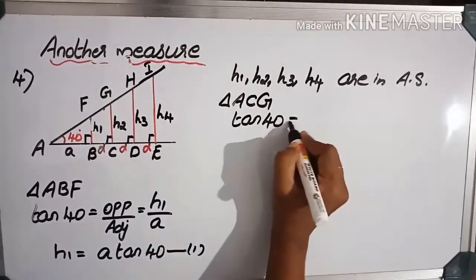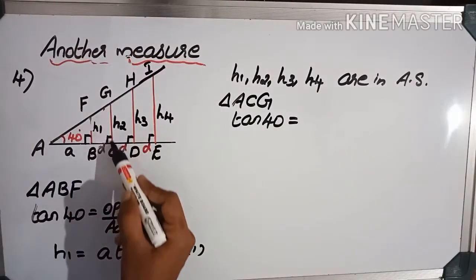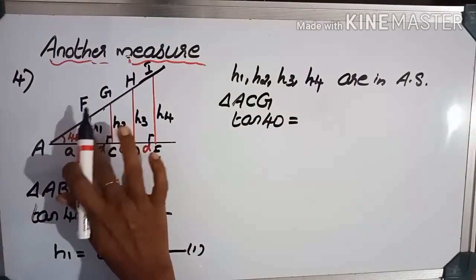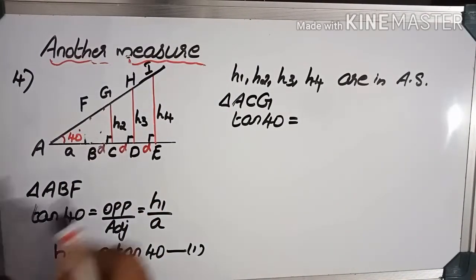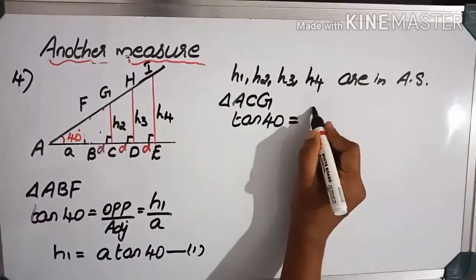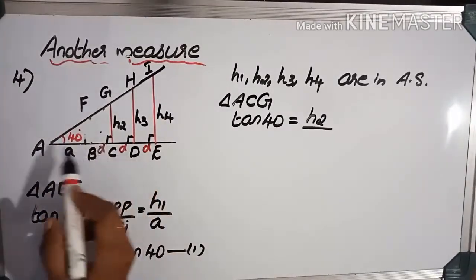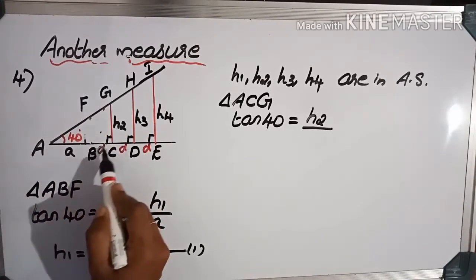So tan 40 equals the opposite side h2 by the adjacent side, which is the total A to B, small letter A, plus B to C, small letter d.